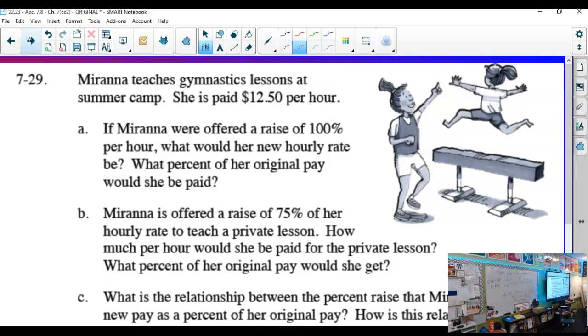The algebra that gets set up is 0.4 times the original price, or we could do 0.6 times the original price, but then that means it gets subtracted. This is where I'm saying the algebra is a little tricky.